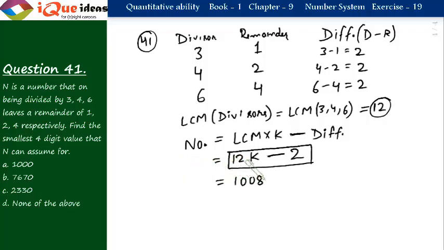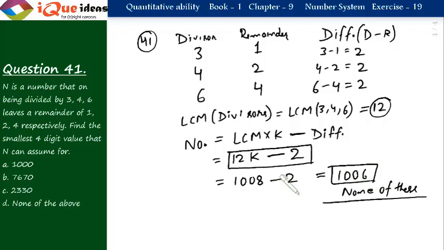So 1008 is divisible by 12, minus 2 is our correct answer because we need to find the smallest 4-digit number. So the answer of the question is 1006, and hence none of these.